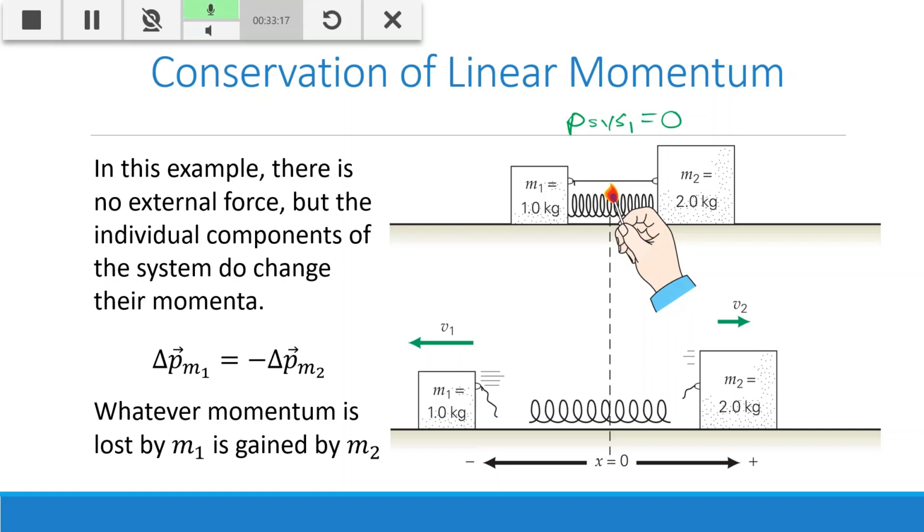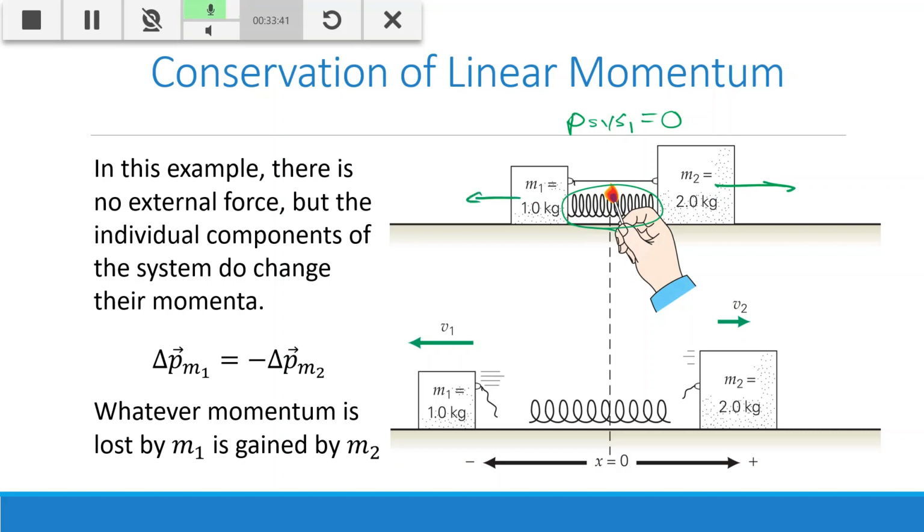After the collision, or in this case, after the explosion, this is a physics explosion, if you burn the string and the spring starts out compressed, think about energy: the elastic potential energy stored in that spring is going to convert to kinetic energy for those two masses.